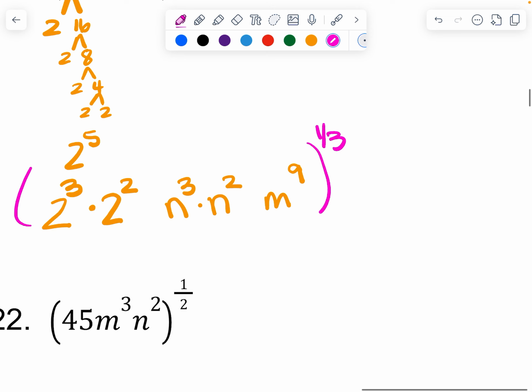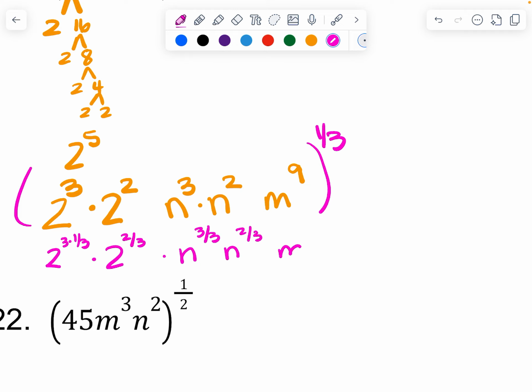So if I was to, okay, I guess I have to write small. If I take 3 and I multiply it by 1/3, oh, I didn't actually write it, but that's okay.